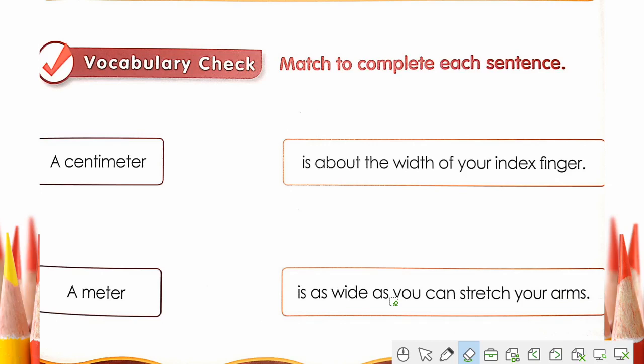When you open your arms, this is the length of a meter. No, when you open your arms, it's a long distance, long. Here, centimeter, which is your index finger.